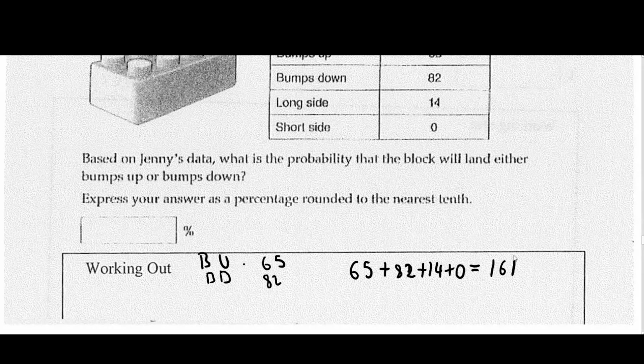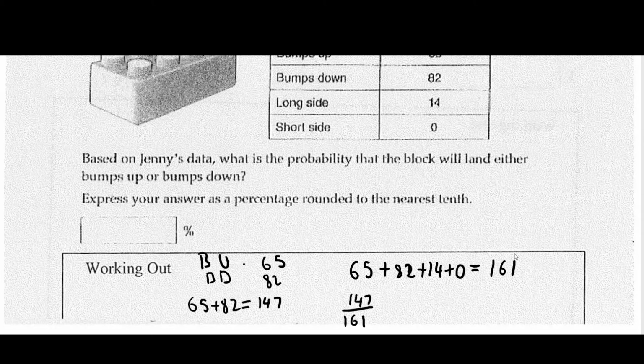What is the probability that the block will land either bumps up or bumps down? That's 65 plus 82, which is 147. So 147 over 161.